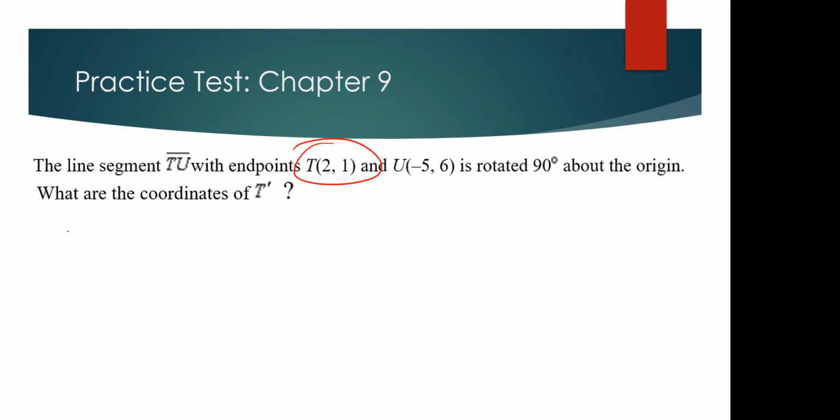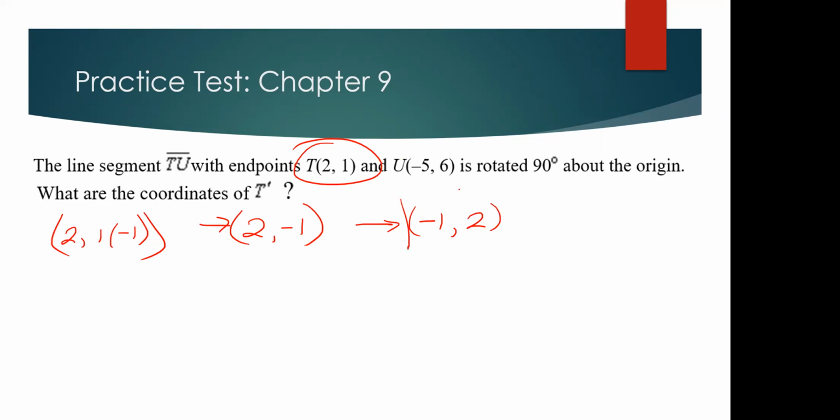So we're going to multiply the y coordinates by -1. And then that would give us +2 and -1. And then we're going to interchange the x and y values. So this -1 becomes our x value and +2 becomes our y value. And that is the final answer.